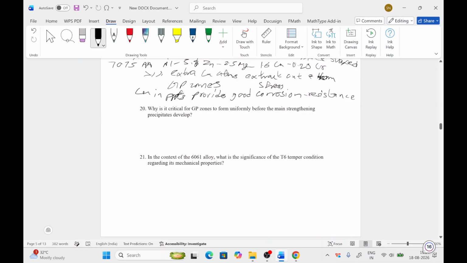Why is it critical for GP zones to form uniformly before the main strengthening precipitates develop?